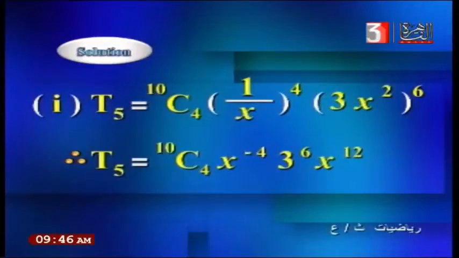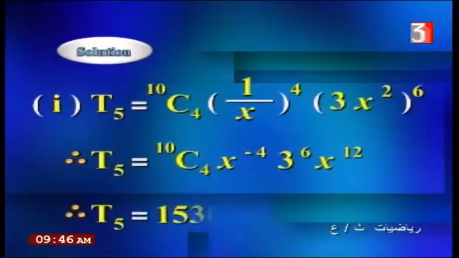By using a calculator, we calculate 10C4 times 3 power 6. Then T5 equals 153,090 x power 8. This is the value of T5.